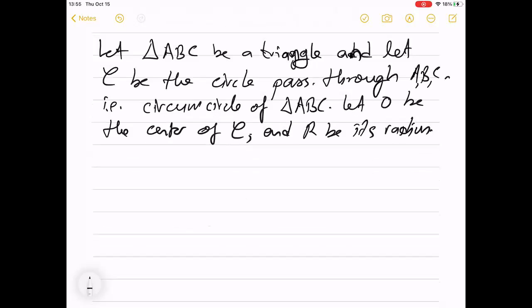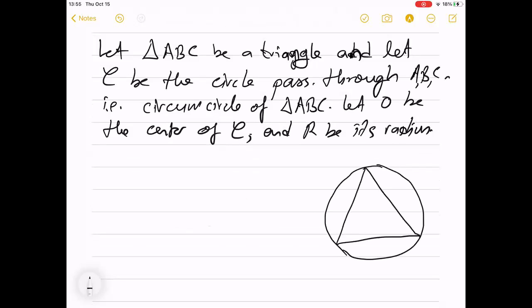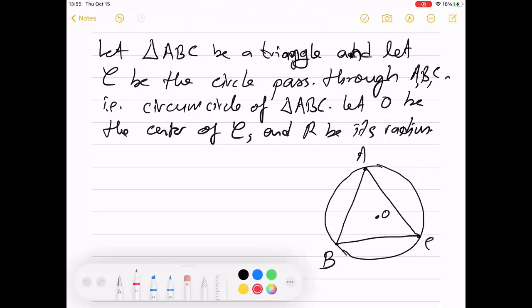So let me draw a picture like this. Let me first draw the circle and the triangle. First we have the triangle, and then we draw this circumcircle. That's the center here, and this is the radius, R.